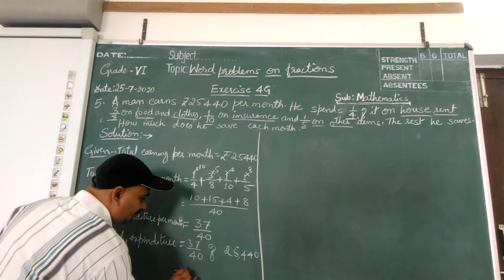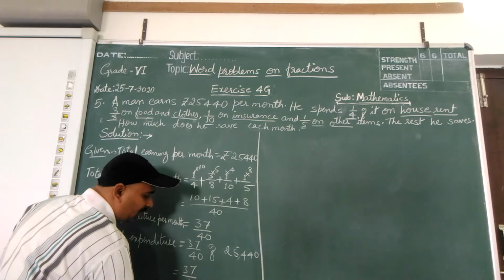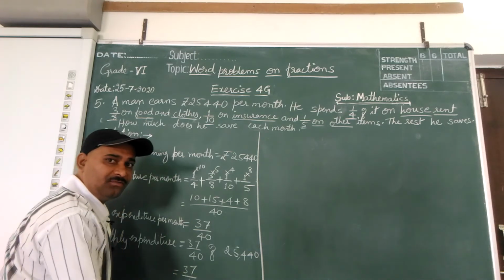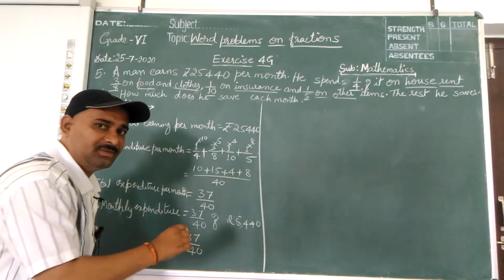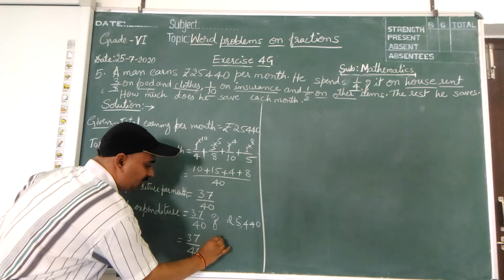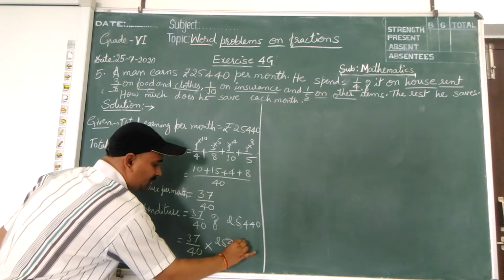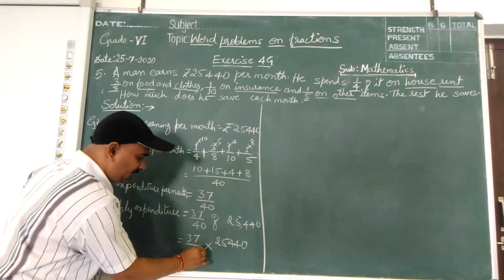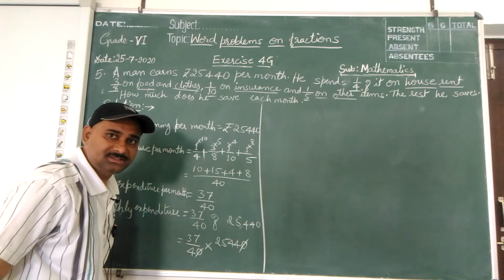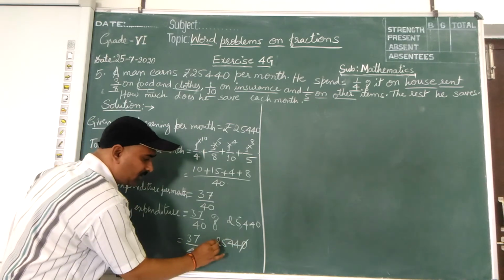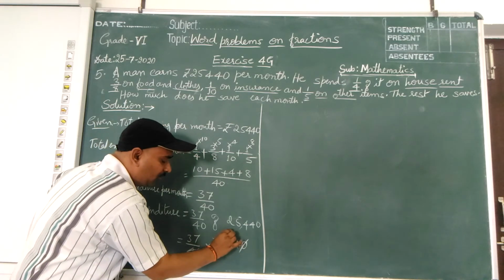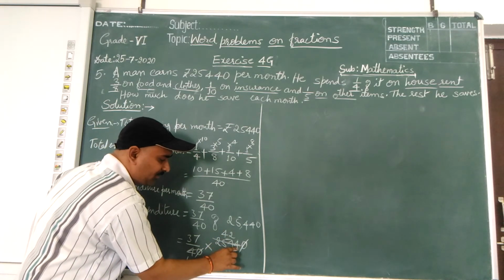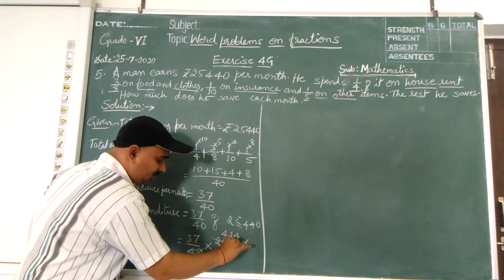37 by 40 of 25,440. Of means multiplication. The 0 cancels with 4, 4 ones are 4, 4 fours are 16, 1 remains, 14. 4 twos are 8.